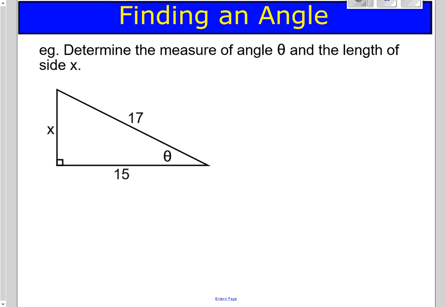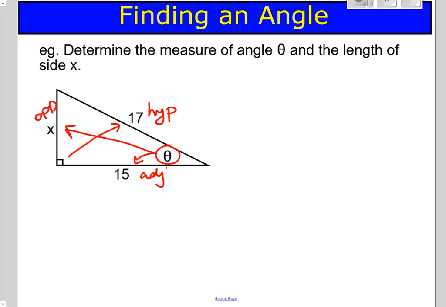Okay, let's try another one. All right, so I want to determine the measure of angle theta and the length of side x. Well, let's start with this angle. If I start with this angle and label my sides, this is my opposite, this is my adjacent, and this is my hypotenuse. So if I'm going to find this angle, it means I'm going to have to know two sides.